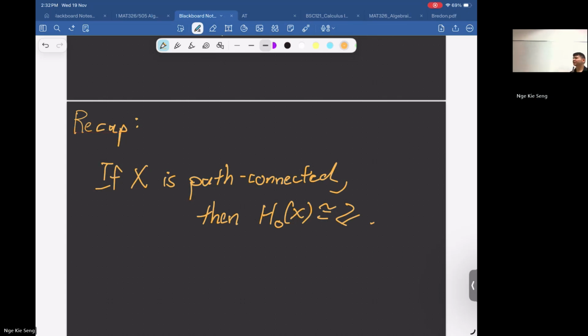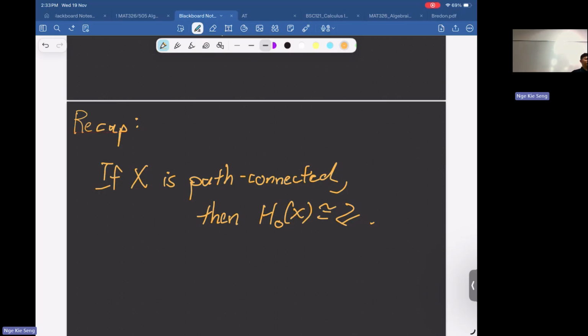So H0 counts how many path connected components there are, because we also proved that H0 of X is a direct sum of H0 of the path connected components, and each of these is Z. So if you know that your space is path connected, or if it is not, you can split it into path connected components first, and then you direct sum them.